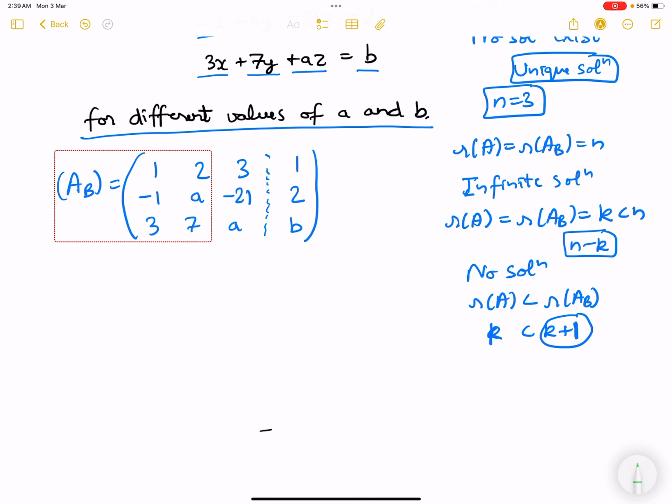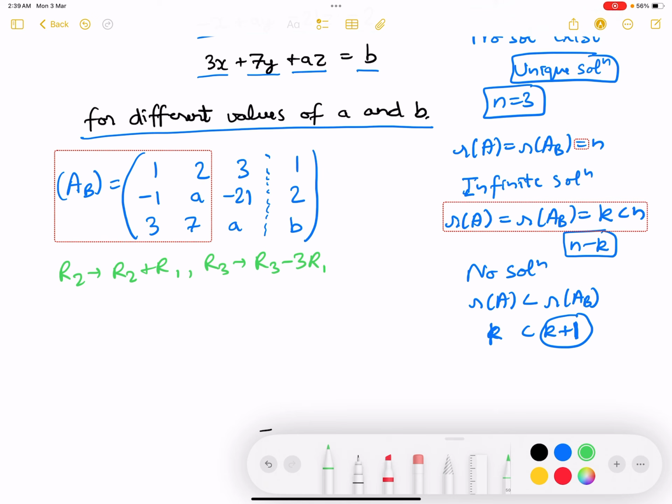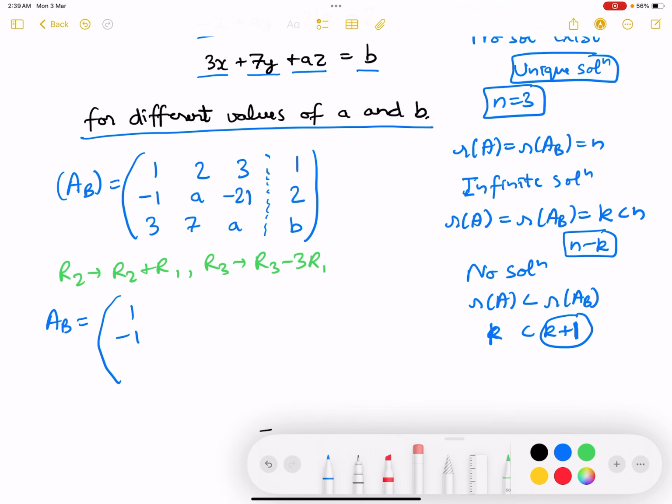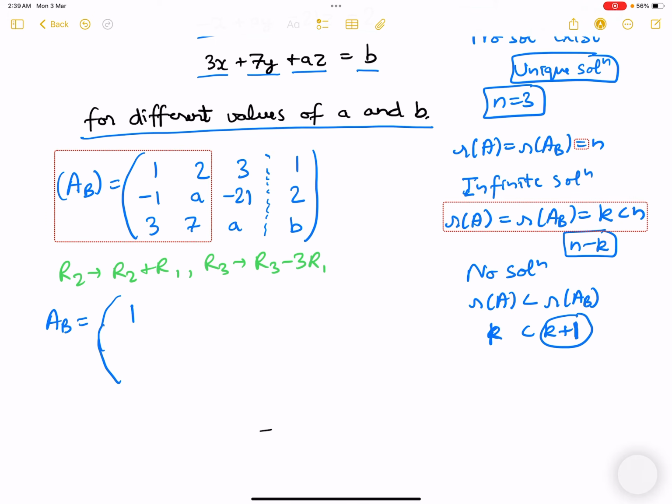Now solving this, we'll use the operations R2 goes to R2 plus R1 and R3 goes to R3 minus 3R1. So this would give us A augmented B as, I'll write the row first, 1, 2, 3, 1.